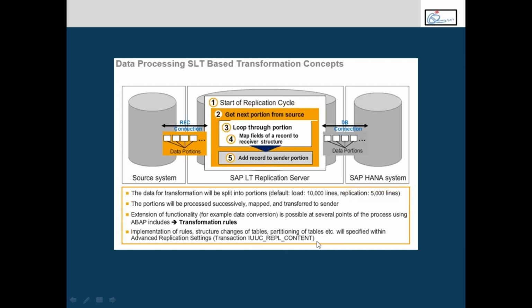If it is the latest version, instead of using this T code, we use a T code called LTRS. It is L, T, R, S. If it is the new support pack for the transformations, we use the T code LTRS. If it is old, we use the T code IUUC_REPL_CONTENT.